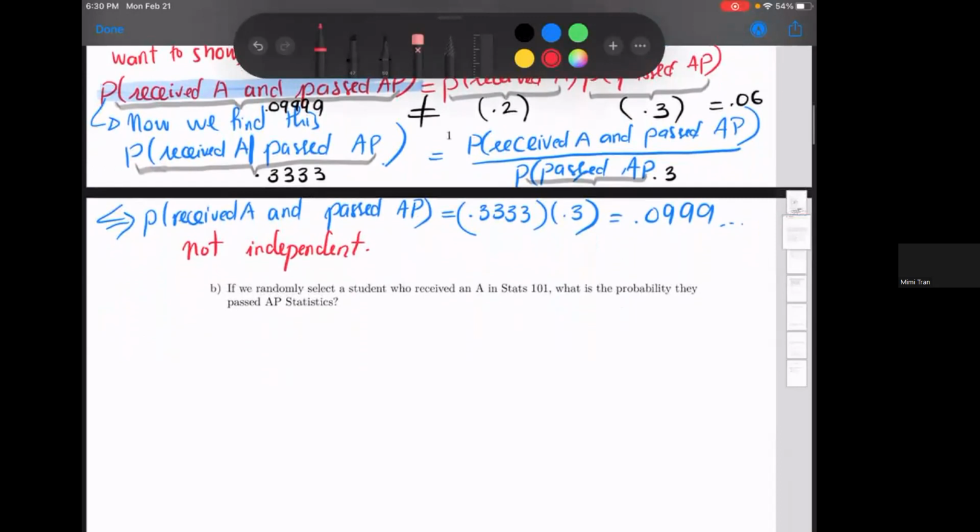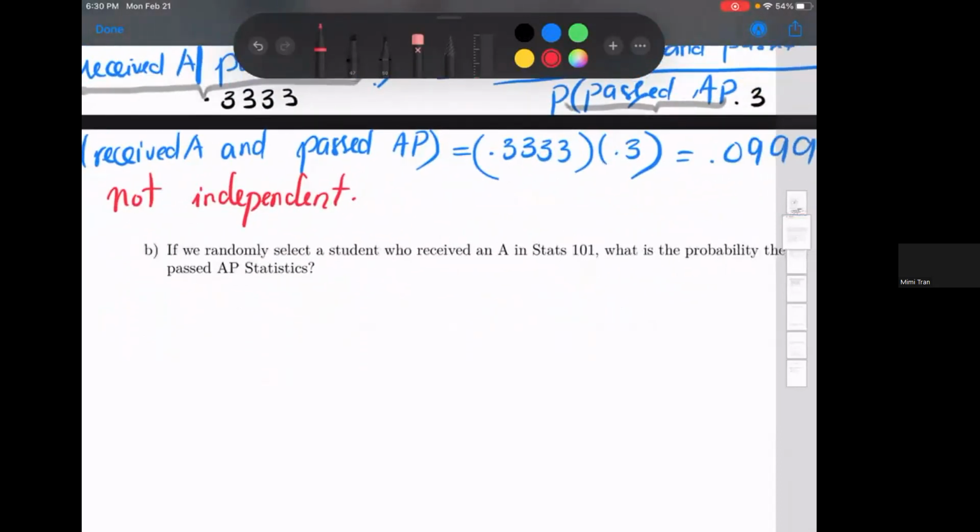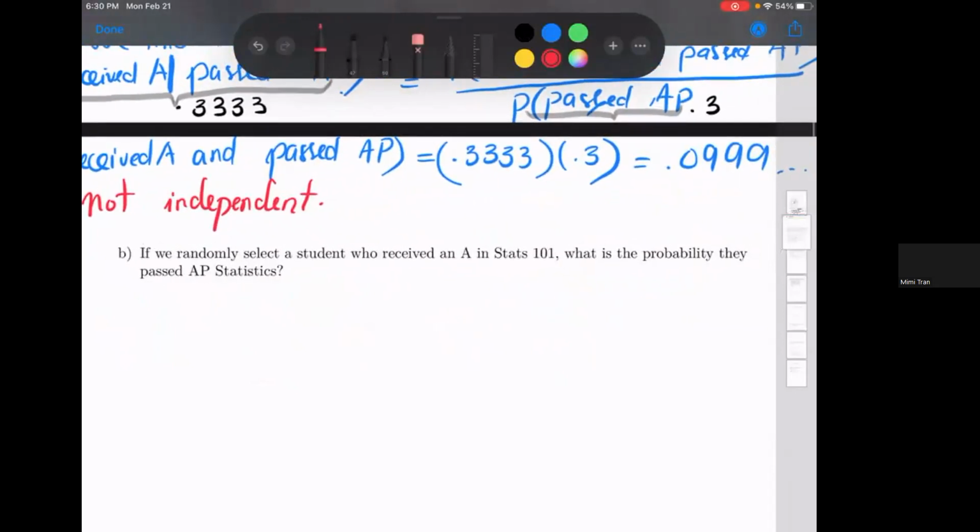All right, B, if we randomly select a student who received an A in Stat 101, what is the probability they pass AP statistics? Someone tell me the conditional probability here. So P what? It's conditional probability, right? Given something happened, you find the probability of the next event.